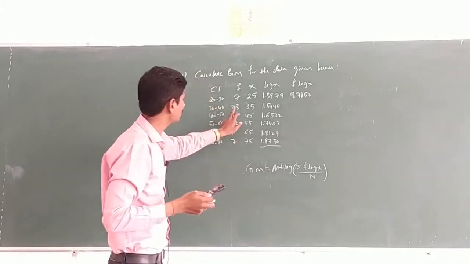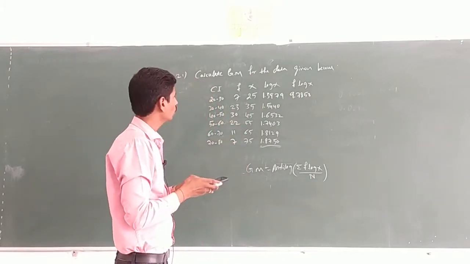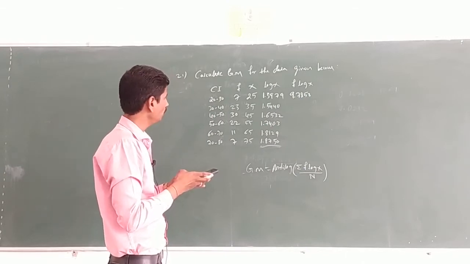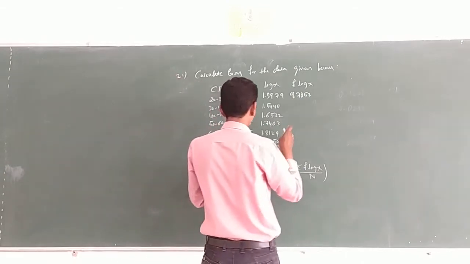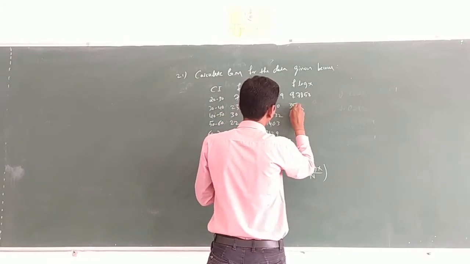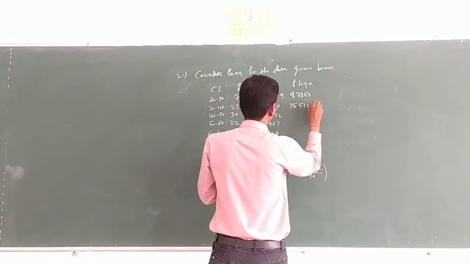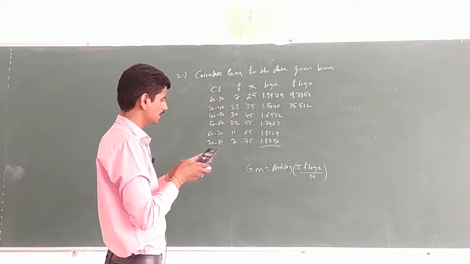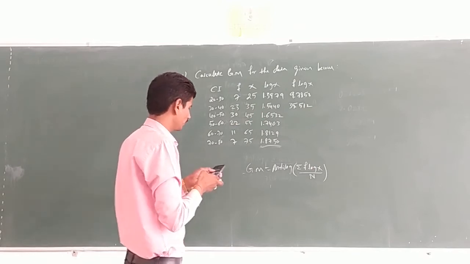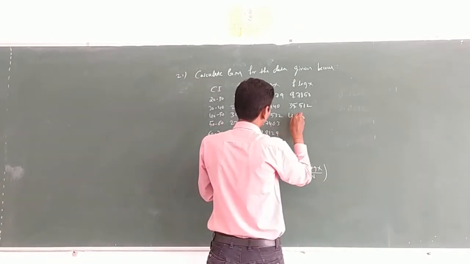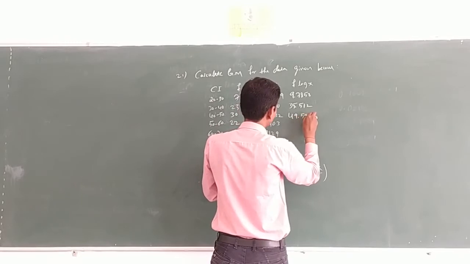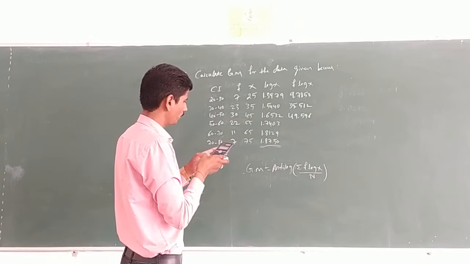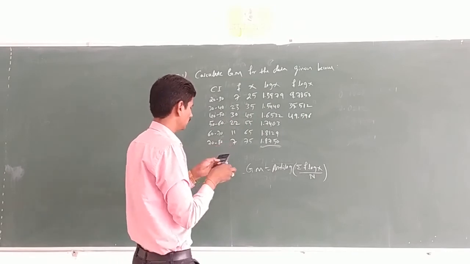The next frequency is 23: 23 into 1.5440 is 35.512. The next frequency is 30: 30 into 1.6532 is 49.596. The next, 22 into 1.7403, that is 38.28.